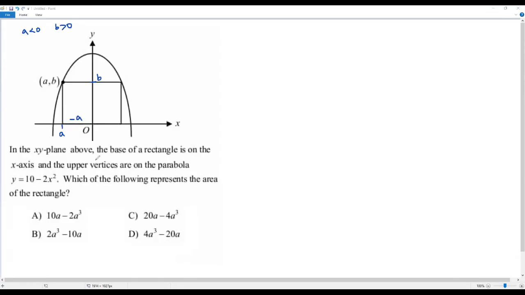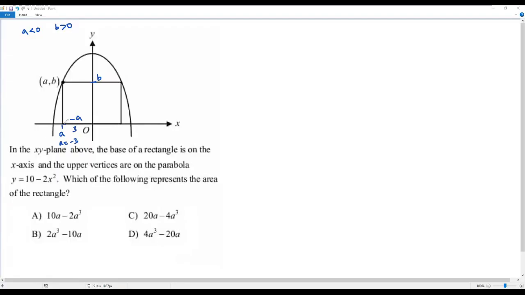For example, if I want to assume some value for a, I can assume some negative value because it is on the negative side of the x-axis. Let me assume a equals negative 3. To get the length of this line segment, I consider the same value, but it has to be positive. For that, I multiply negative 3 by a negative sign, and it becomes positive 3.